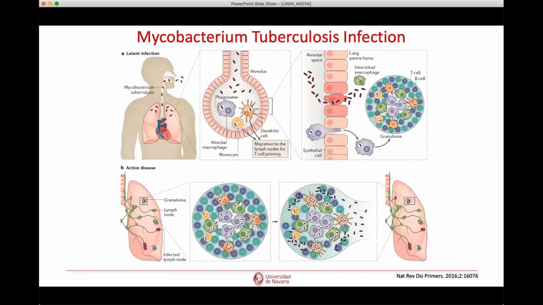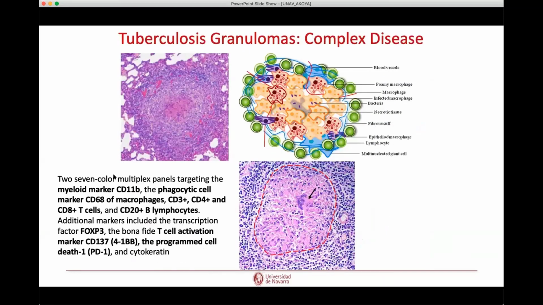This immune response is characterized by the recruitment of immune cells, including CD8 and CD4 cells and CD20 cells, that will begin the formation of the granulomas. Therefore, the granuloma is a highly organized immune cell aggregate that originates in response to infection, in the case of tuberculosis, by the mycobacterium.